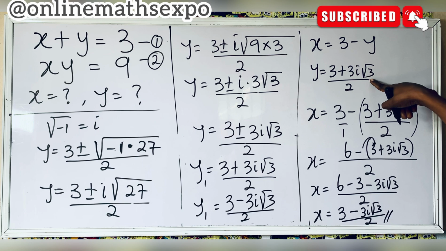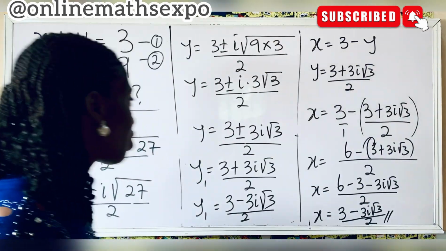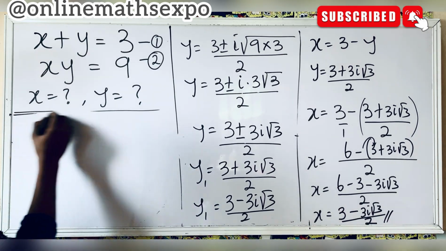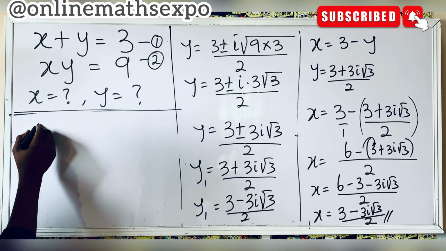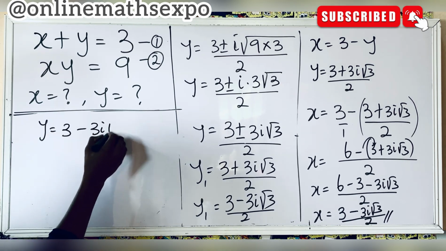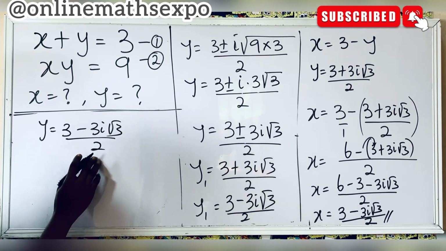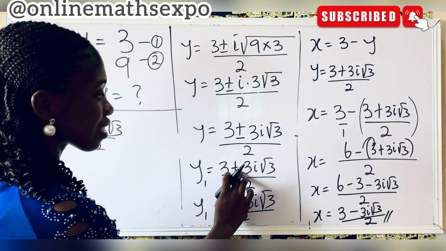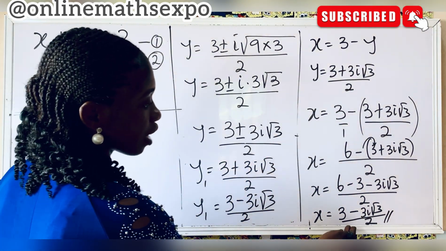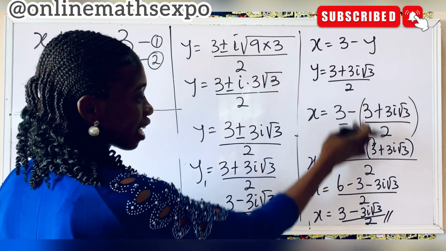So let's also get x when y is the second value. So in that case, our second y value there will now be, when y is 3 minus 3i root 3 over 2. If you can observe carefully, you notice this was plus when we were solving. And the value of y, the only difference there was just the sign.